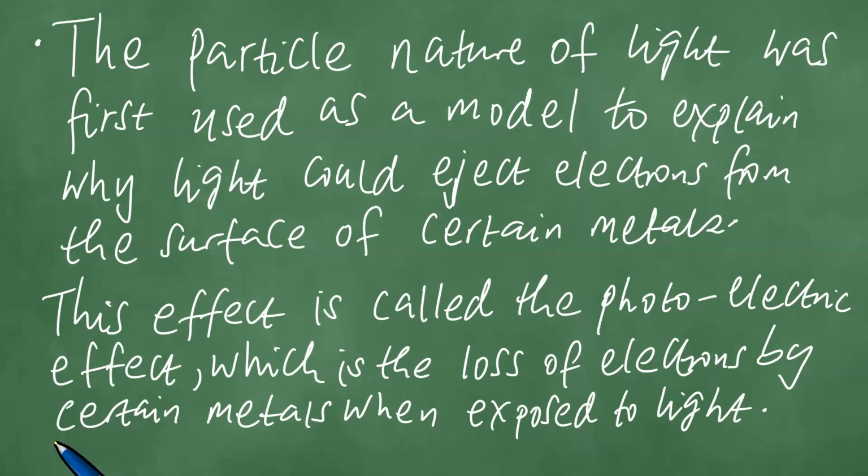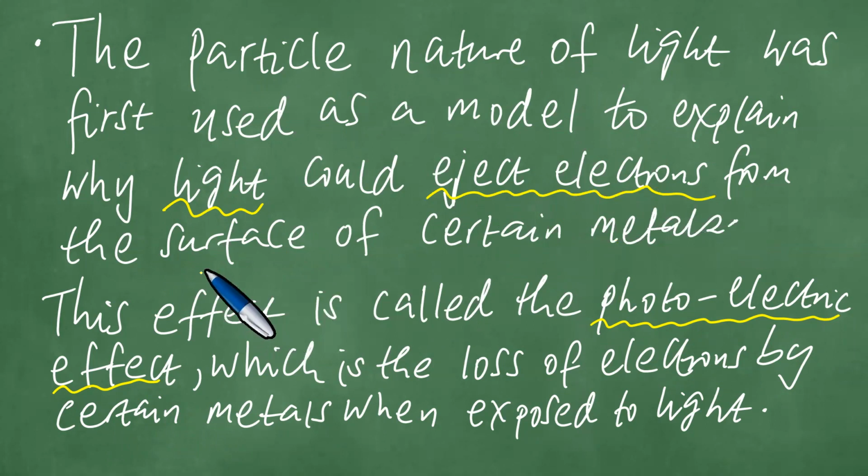So I want us to have a sense of the photoelectric effect. The particle nature of light was first used as a model to explain why light could eject electrons from the surface of certain metals.